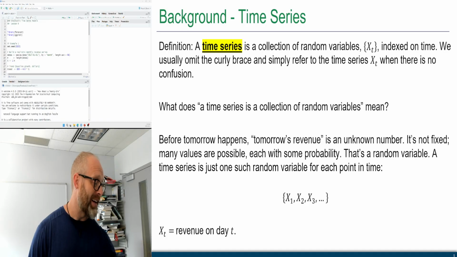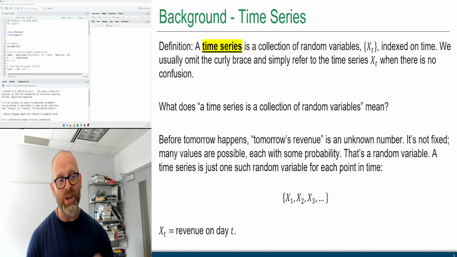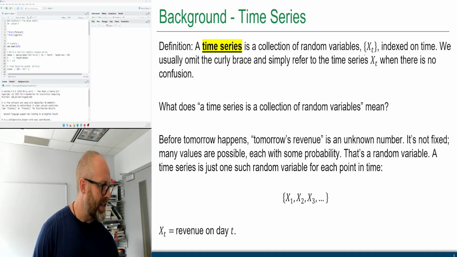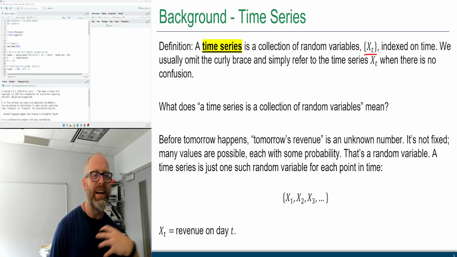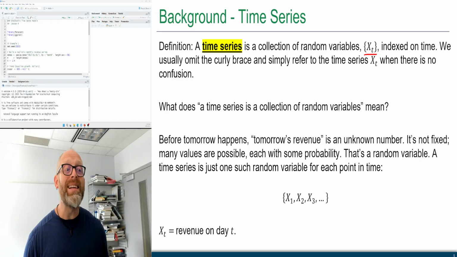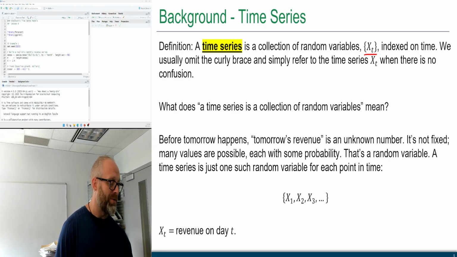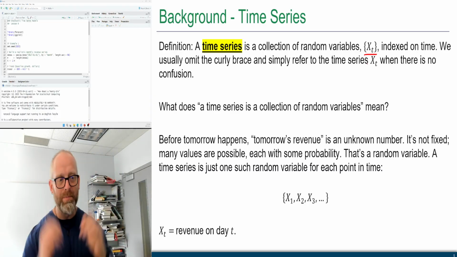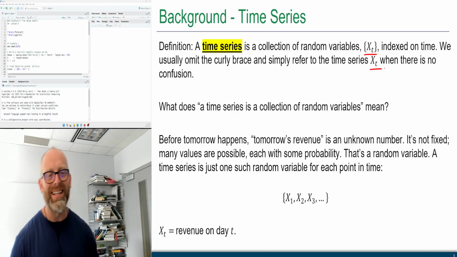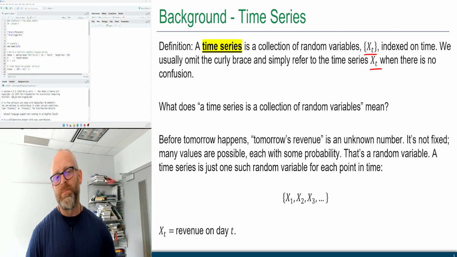I'll specify that collection as x sub t in curly brackets, meaning we're dealing with a collection of them, indexed on time, so that sub t is based upon time. We usually omit the curly braces when we refer to a time series, because it's understood that we mean this as a time series. If you see the curly brackets x sub t or just x sub t, we're talking about exactly the same thing. We do this when there's no confusion overall.